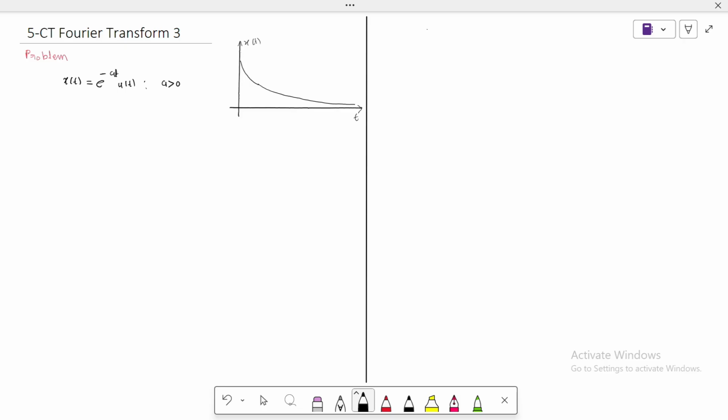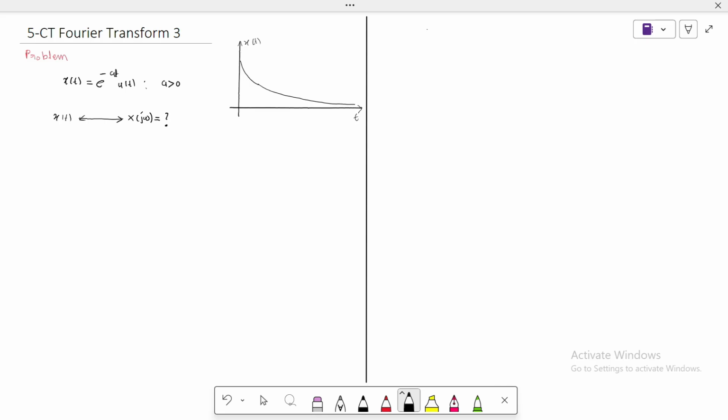For this case, we have to find the Fourier transform. We know the Fourier transform formula. It's very, very important; everyone should remember this formula. Given x of t, we need to find x of j omega.